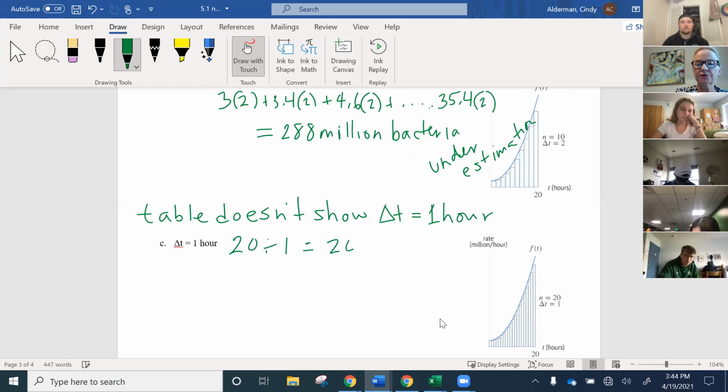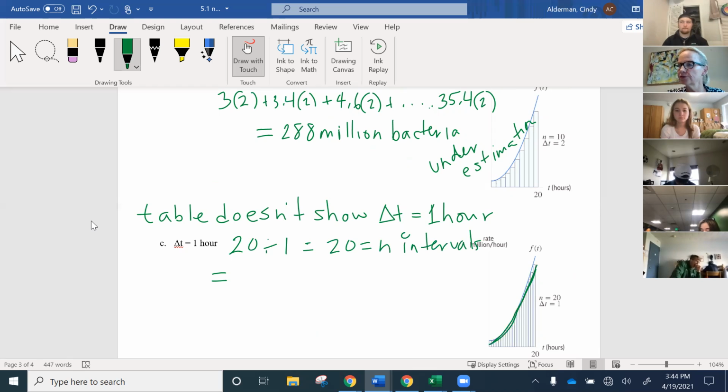So you're going to get 20 intervals. That's your n value. If you calculated that, like we did here, you should be able to tell me that it would definitely increase because these rectangles are leaving less and less space. It's getting closer and closer to the curve. So this area would add up to more than this area, definitely. So as you would expect, yep, we get 307 million as opposed to 288 with only 10 intervals.